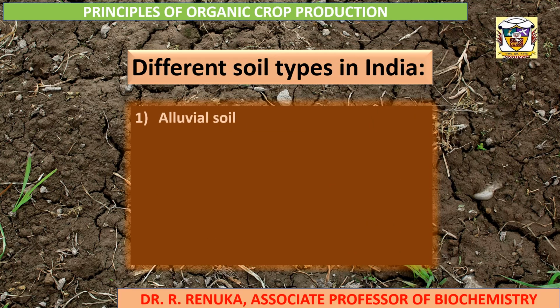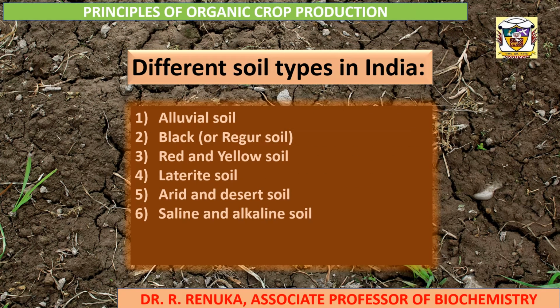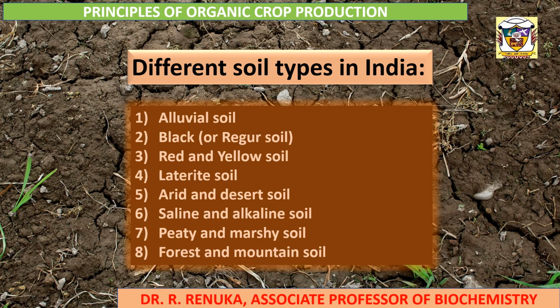They are alluvial soil, black or regur soil, red and yellow soil, laterite soil, arid and desert soil, saline and alkaline soil, peaty and marshy soil, forest and mountain soil.